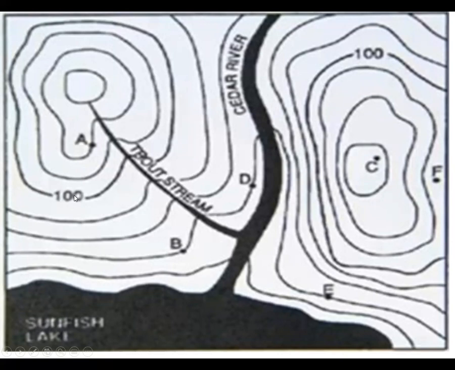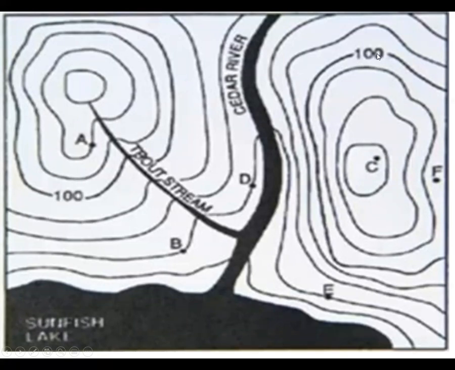Let's say that the unit used here is meters, 100 meters. And let's say that the contour interval is 20 meters. So 100, 120, 140, 160. So we add 20 for each contour line.